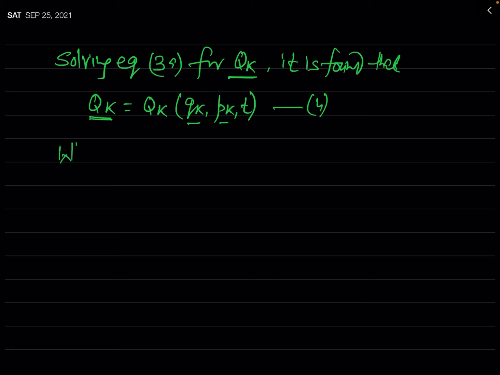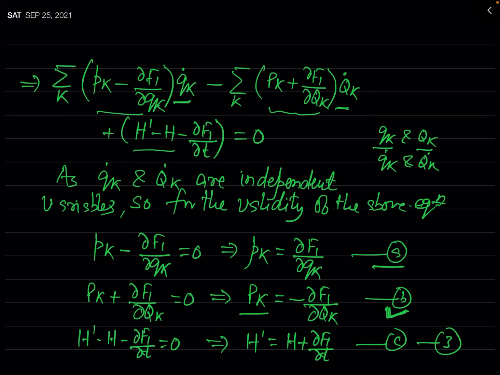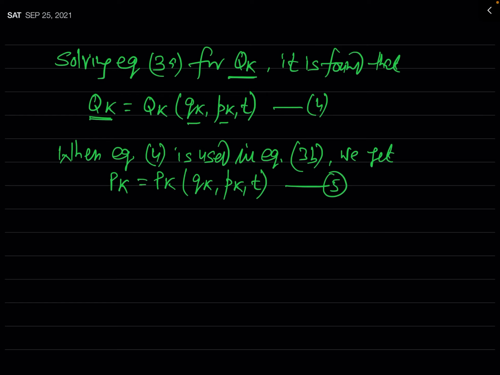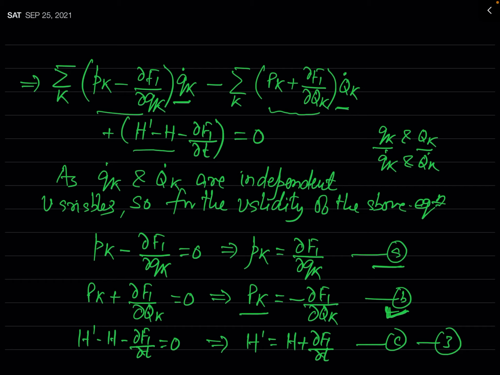So when equation 4 is used in equation 3b, we actually get the value of the conjugate momenta capital Pk, and this capital Pk will also be obtained as a function of small qk, small pk and t. You can find it.